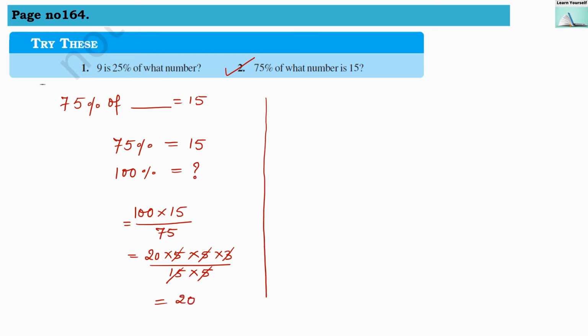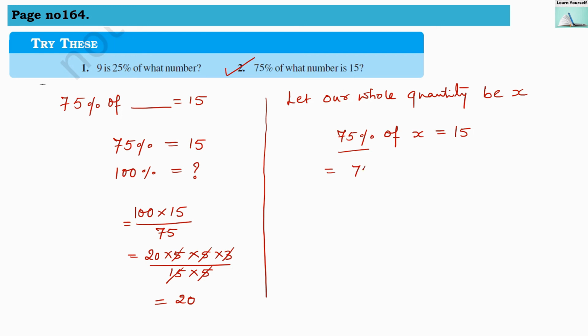Let us try with another method in which we are assuming the whole quantity. So let our whole quantity be x. So 75% of x is the number 15. So let us convert this percentage into a fraction. So 75 divided by 100, of means multiplication, x equals 15.